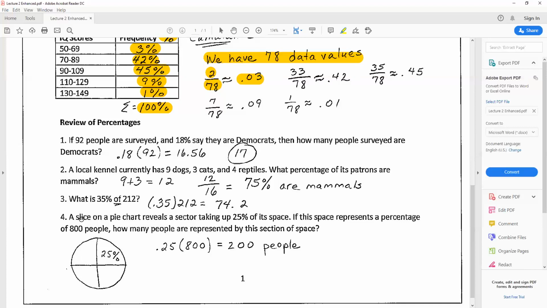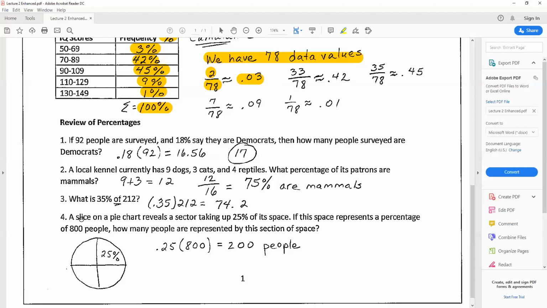Number 4, a slice on a pie chart reveals a sector that takes up 25% of its space. So if you look at the picture down below, it's a very crude circle. I apologize, but circles are not easy to draw freehand. But if you look at the circle, I marked off about 25% of it for the sake of argument.